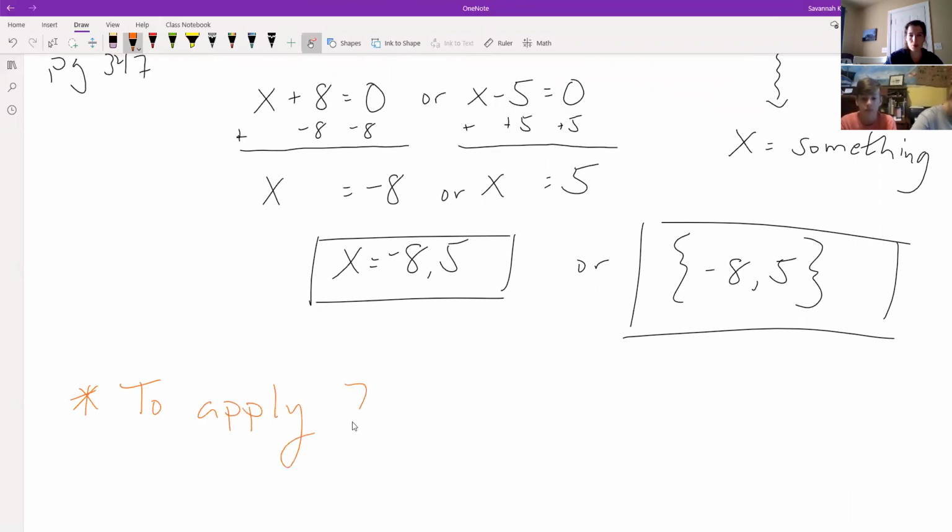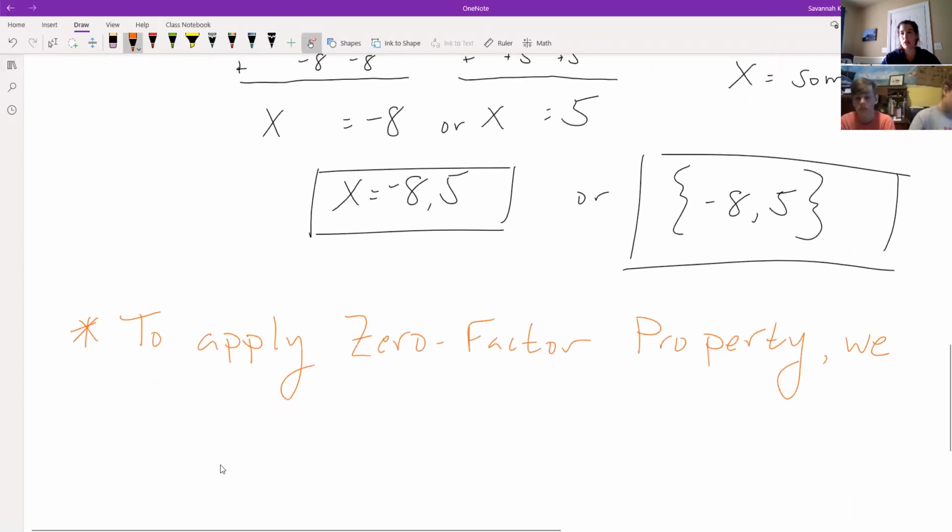Okay, so if we want to apply this zero factor property, there are two things that we need, and sometimes we're given both of those, sometimes we're given neither of those, and sometimes we're given one but not the other.